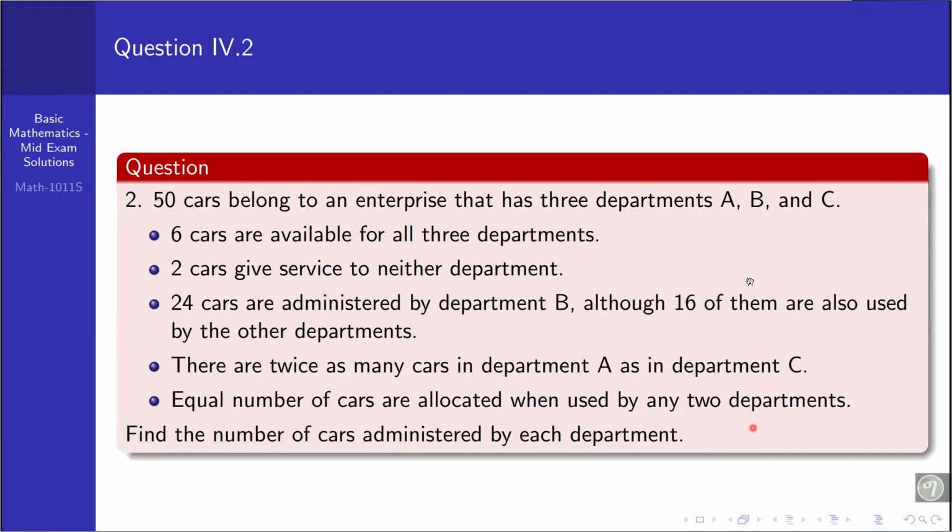That means the number of cars administered in Department A, the number of cars belonging to B, and the number of cars administered in Department C. Therefore, in order to solve this, let us represent the number of cars in each department by using certain variables.